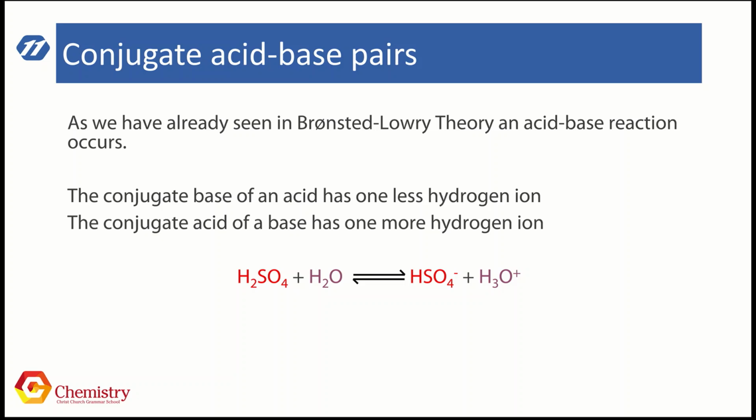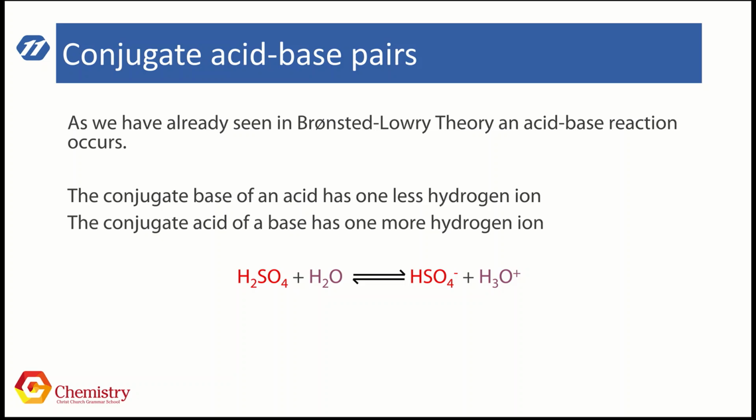So that means that the sulfuric acid, unsurprisingly, is acting as an acid going from left to right in the reaction. The hydrogen sulfate ion, therefore, is the conjugate base of sulfuric acid, H2SO4. Okay, so HSO4 minus is the conjugate base of H2SO4.